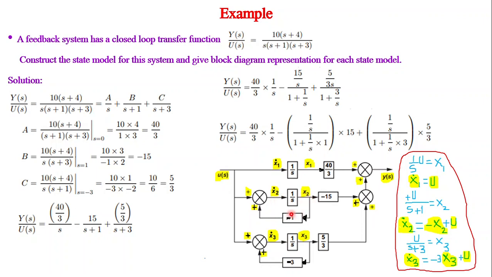So from x2 have minus 1, add to u, x2 dot, integration x2. What is x3 dot? x3 dot is minus 3x3. So from x3 gain minus 3, plus u. So minus 3x3 plus u is x3 dot. That's all. Then we know 40 by 3 x1 plus minus 15 x2 plus 5 by 3 x3 is y. So for that we have summers.